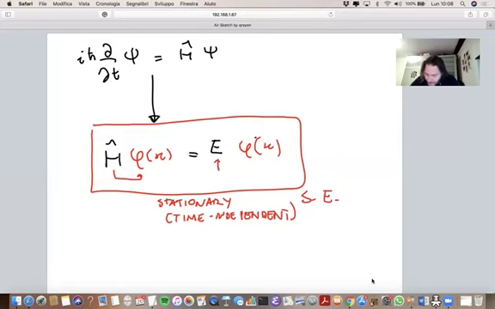If I use the analogy with the vector space we used before, remember this is very similar to an equation in which I have a vector, and after I act with my matrix on the vector, I don't get a different vector altogether. I get a specific vector which is proportional to my original vector.